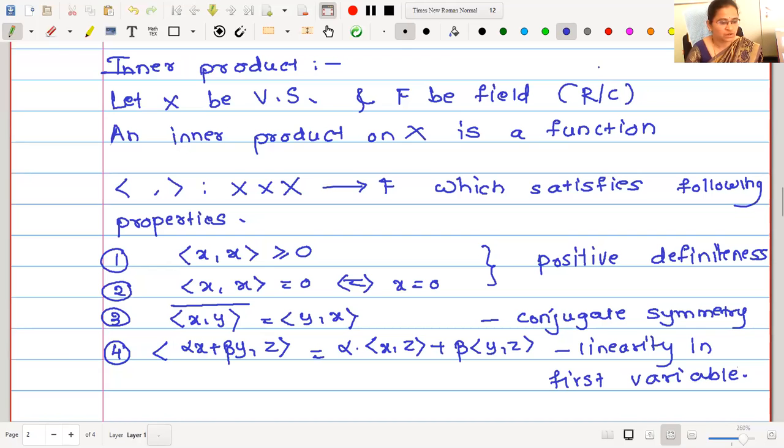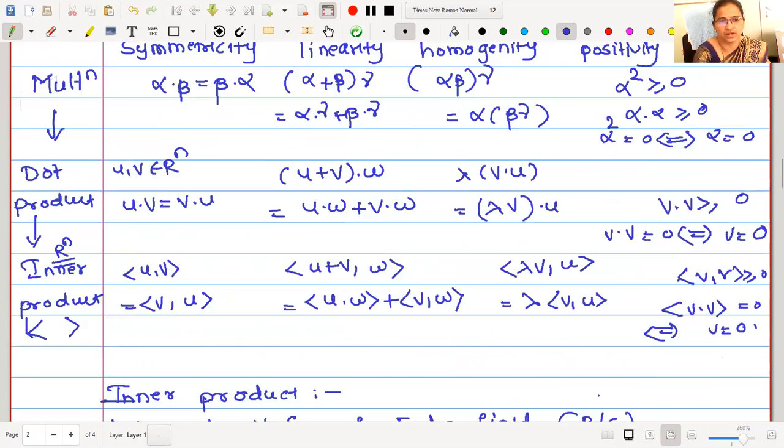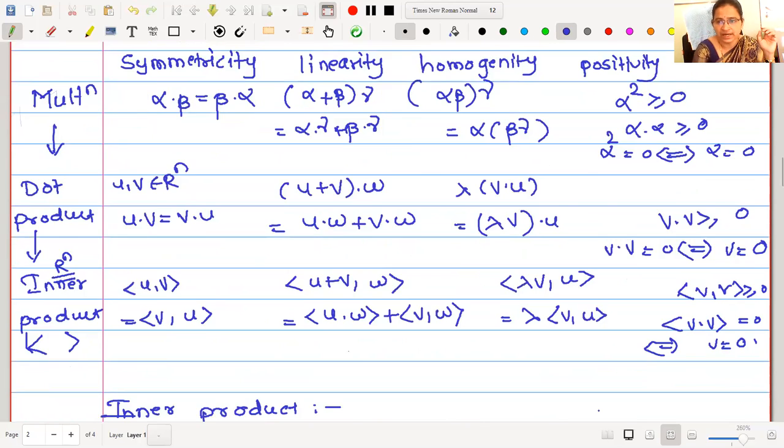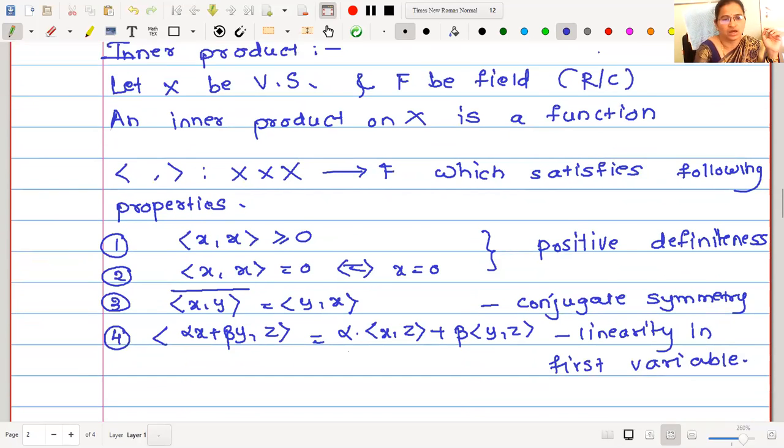If you look at the previous concepts I told you, symmetricity, linearity, homogeneity and positivity, the same definitions and concepts are taken as the axioms of the inner product. The inner product is a function defined on the Cartesian product X cross X because we need two vectors for the multiplication, and the result must be a scalar. Therefore the codomain must be a field, which satisfies the properties. The first and second properties together give us positive definiteness.